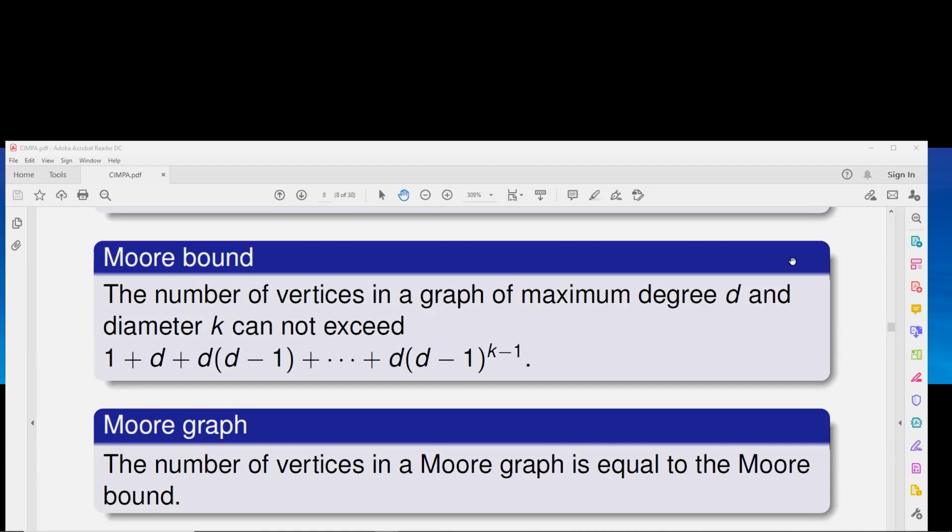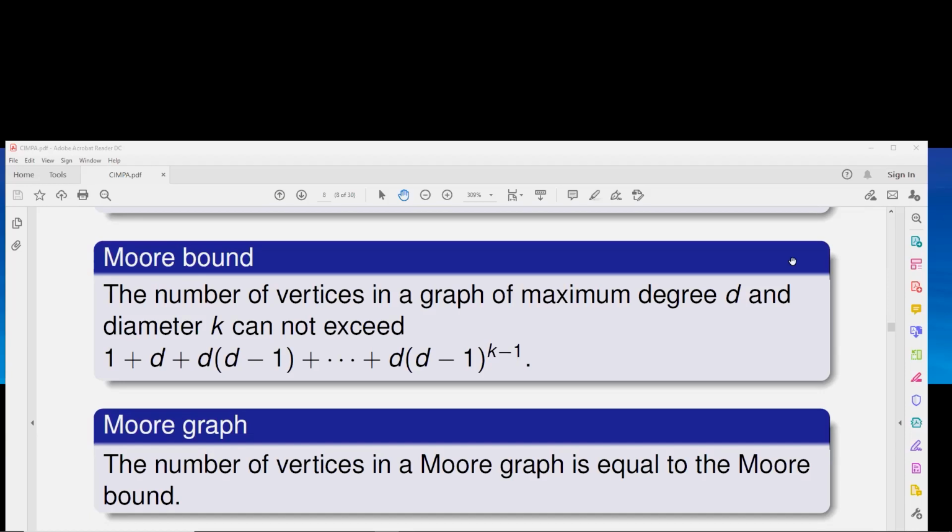And what about this one? It can be connected to at most how many? Same, at most D minus 1, because it's already connected to one. So again, at most D minus 1. So how many vertices will we have in the second level? D times D minus 1, right? And now you can see how this bound works, because it continues.